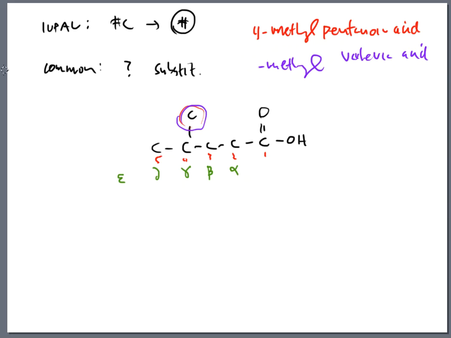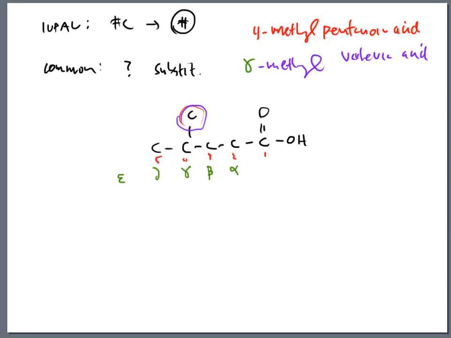What you have to put there is the Greek letter that's appropriate for it. So there's alpha, there is beta, there is gamma. So that means that this is gamma-methylvaleric acid. Alpha, beta, gamma, delta, epsilon. So the IUPAC system, very easy, I think, based on what we've always done in Chem 251 and Chem 252.